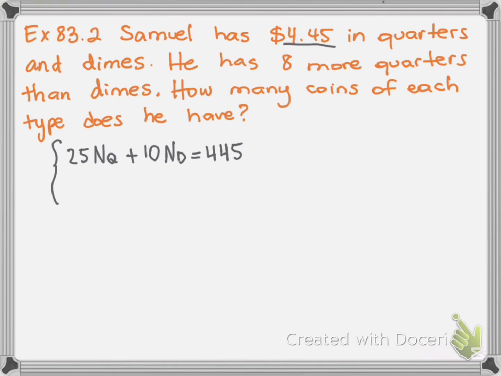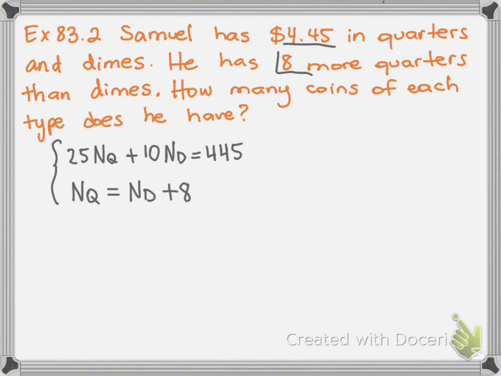Then for the one of quantity, notice that it says that we have 8 more quarters than dimes. When that happens, we have to start with the one we have the most. So we have more quarters than dimes. So NQ equals whatever the number of dimes is plus 8.